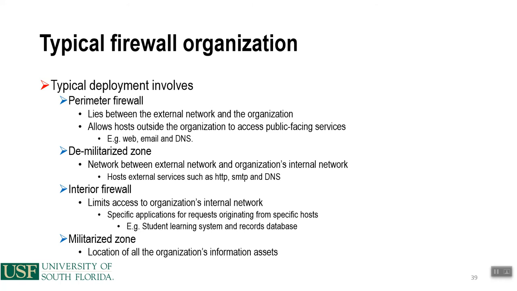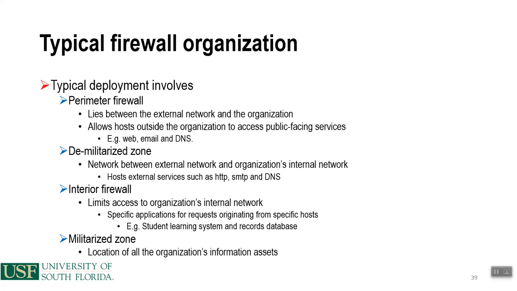It's a network between the external network and the organization's internal network, and it hosts external services such as HTTP, SMTP, and DNS. This is another mechanism that you can implement in order to get into effective cybersecurity practices.